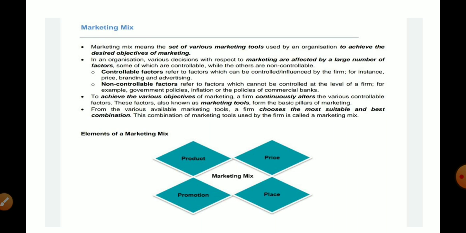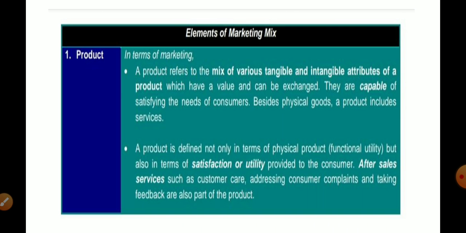Okay, like you can control the price, the branding, the advertising, but you cannot control the policy of government, inflation, deflation, etc. To achieve the various objectives, marketing tools are used, and choosing the most suitable and best combination is the main objective of the organization. So what are the elements of the marketing mix? Product, price, place and promotion. Okay, so now we discuss each and every element.